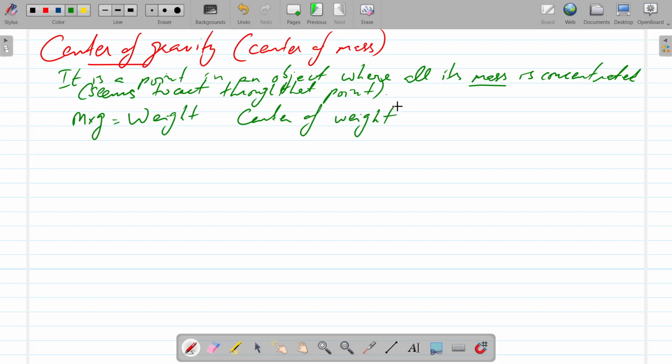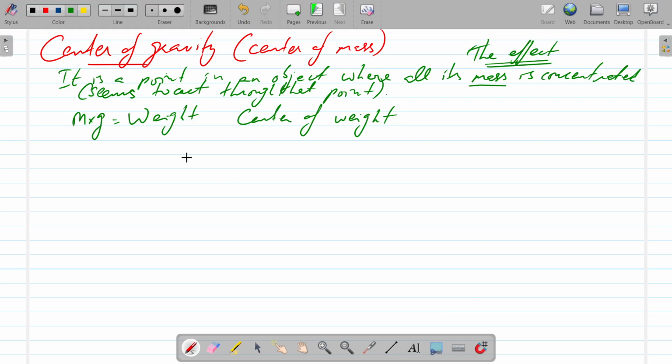Obviously the weight is distributed throughout the object, because the mass is all through the object as well, but there is a point where it seems to concentrate, where the effect of the mass, the effect of the gravity, the effect of the weight seems to act through. So the effect is concentrated at that point.